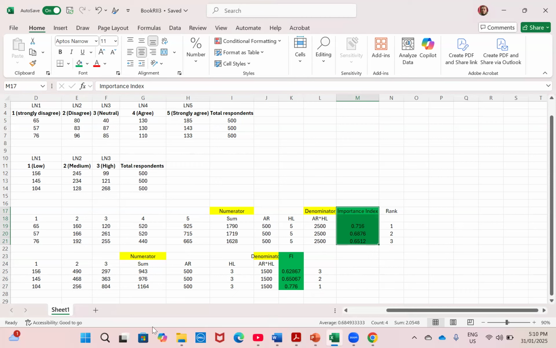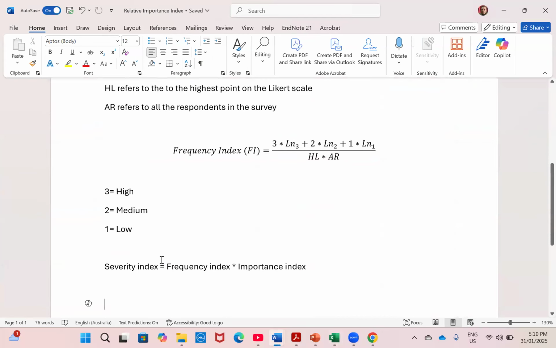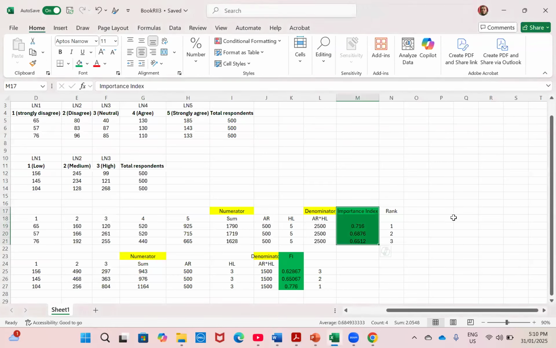So the last thing to do, based on our formula, to get the severity index, is that we have to multiply the frequency index by the importance index. So we are going to do it one by one, and then we get that.